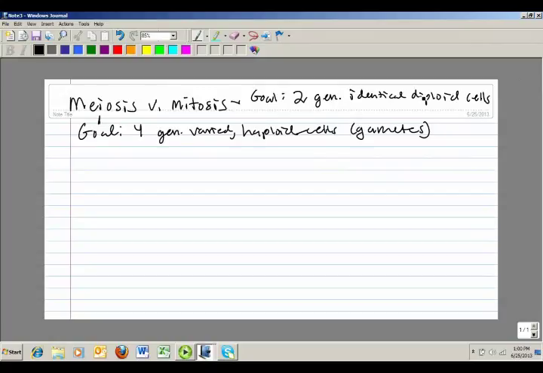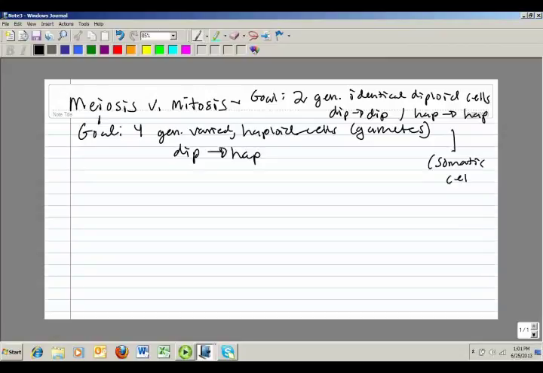If we start haploid, it would be haploid. It's just going diploid to diploid, or could be haploid, as we'll see in plants. On the other hand, meiosis is diploid to haploid. That's one of the points. All right. And this process of mitosis is happening in what we call somatic cells, body cells.